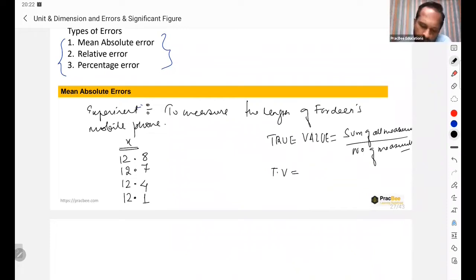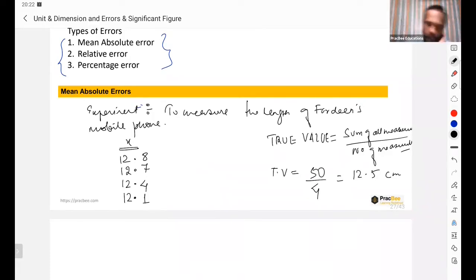So the true value of this: 12.8 plus 12.7 plus 12.4 plus 12.1 is 50. So 50 divided by 4 is 12.5 centimeter. So I get the true value of your reading as 12.5 centimeter.